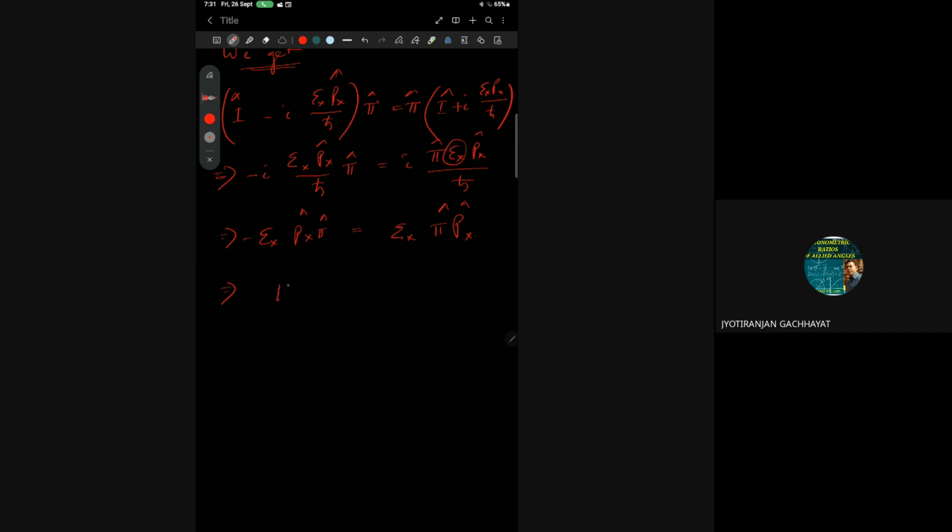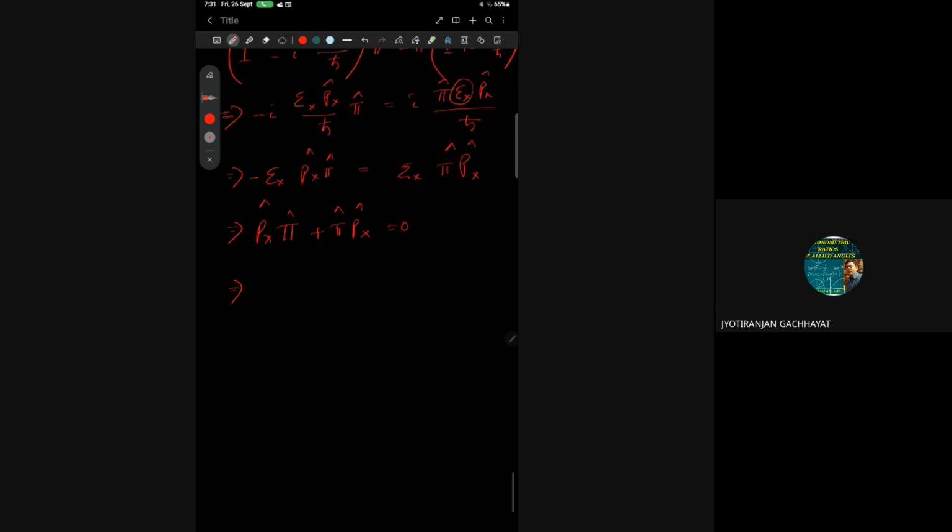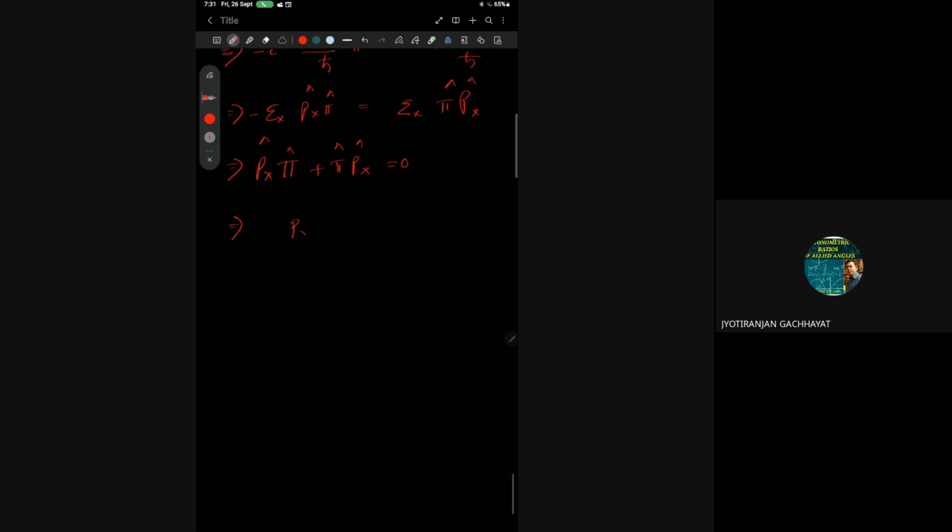So what will I get? px pi plus pi px is equal to 0. This implies the anti-commutator of px and pi is equal to 0.